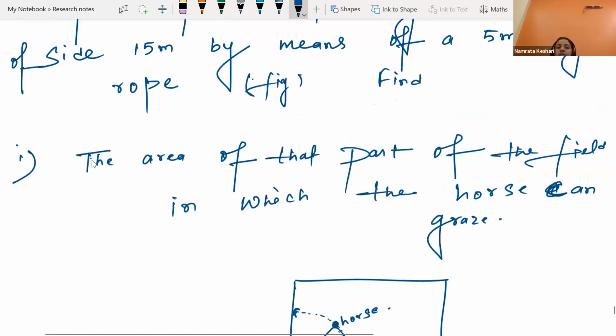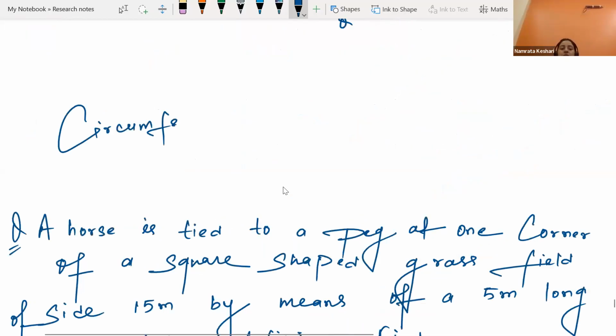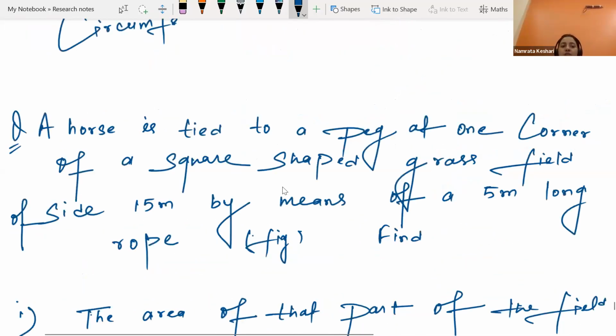Let's read the question. The question says that a horse is tied to a peg, which we can see in the figure, at one corner of a square-shaped grass field whose side is 15 meter.